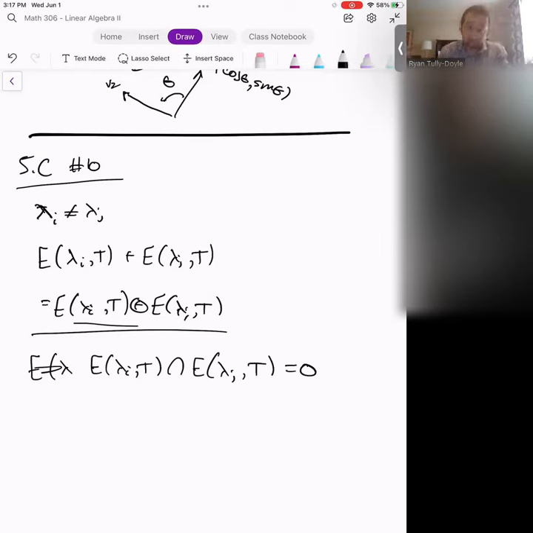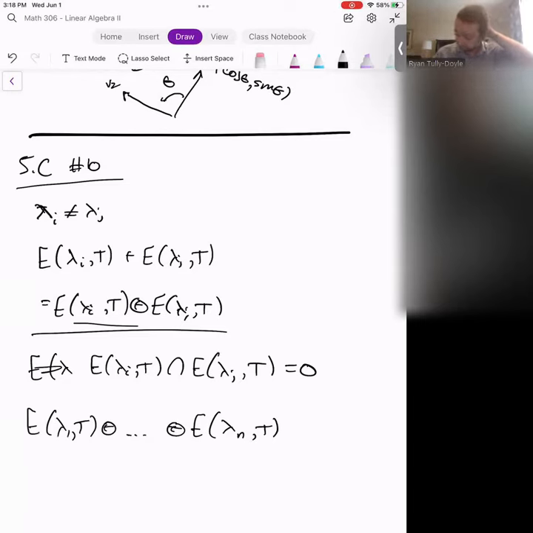If you took them all and added them up, this is a set of mutually linearly independent subspaces. This is a subspace because it's a direct sum of subspaces, and there's no intersection at all between these subspaces.